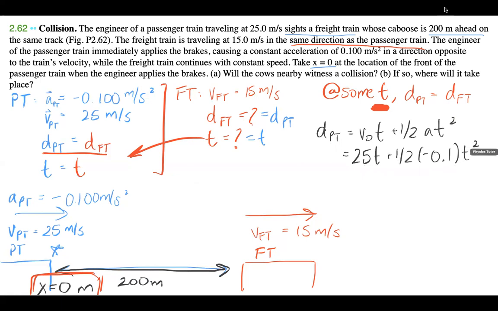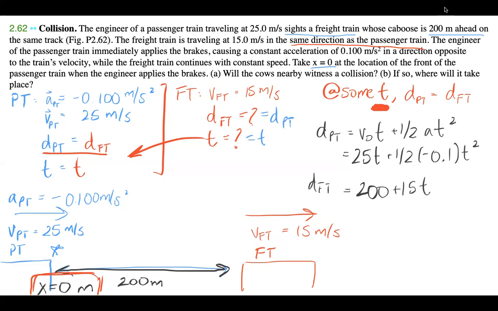And if we do that for the distance of the freight train, at some time t, it's going to be 200 ahead, right? So 200 plus 15t, because we have to account for this difference between the two.